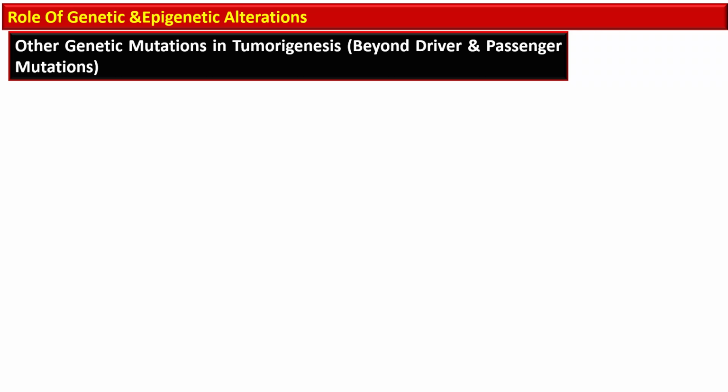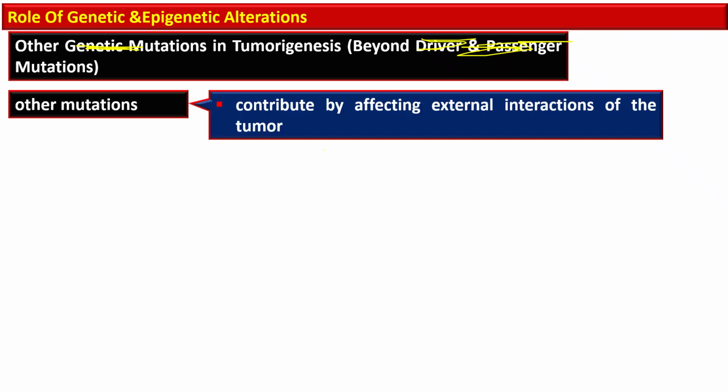We know that both driver and passenger mutations are primarily involved in cellular internal behavior such as growth, death and division, but these other mutations affect the tumor's interaction with the environment.